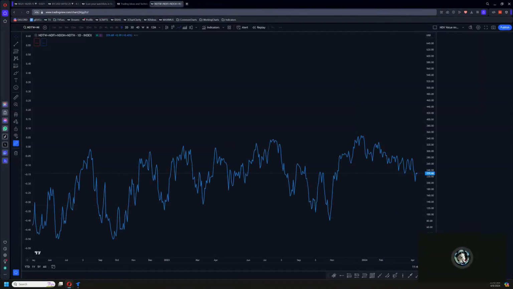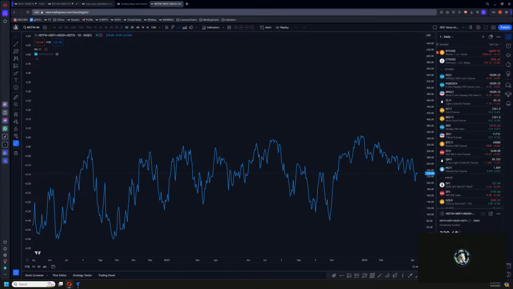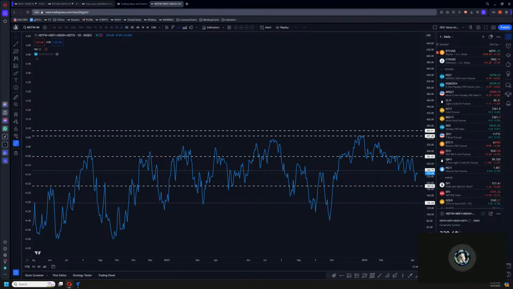This feels toppy right now. Yeah. Well, we have a reversal sign of a possible sell-off here, right here. Where's my underline?